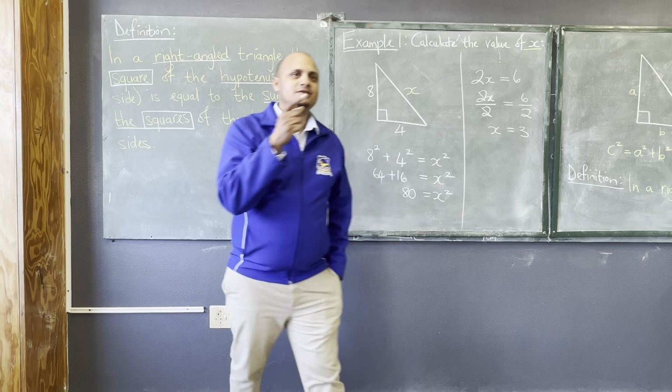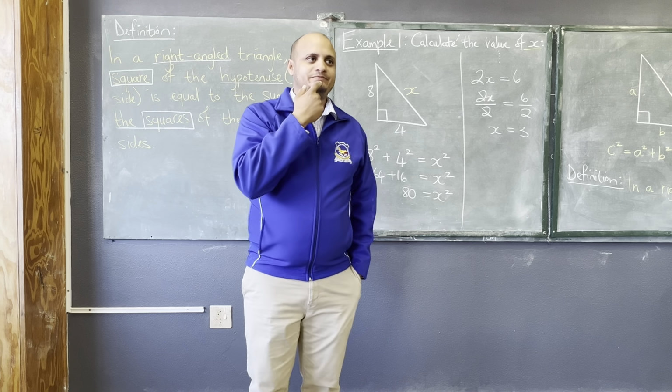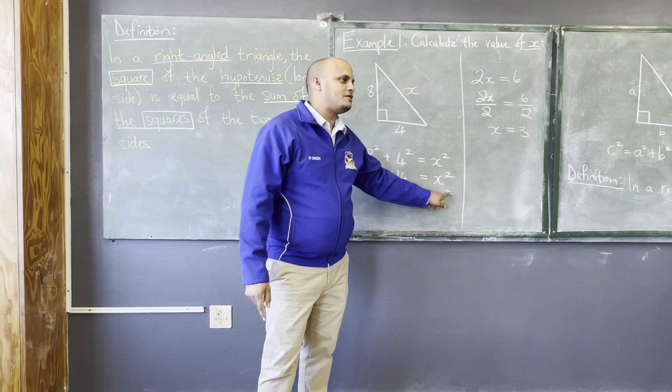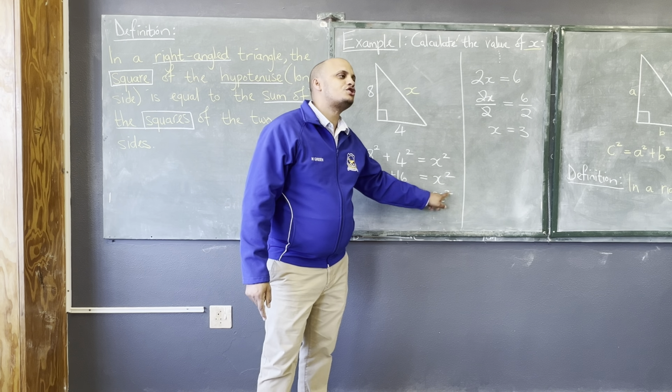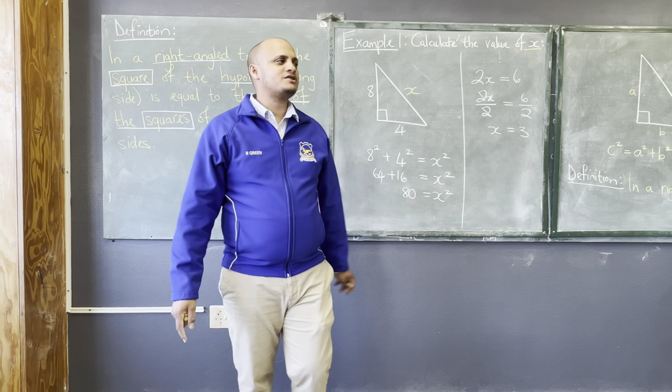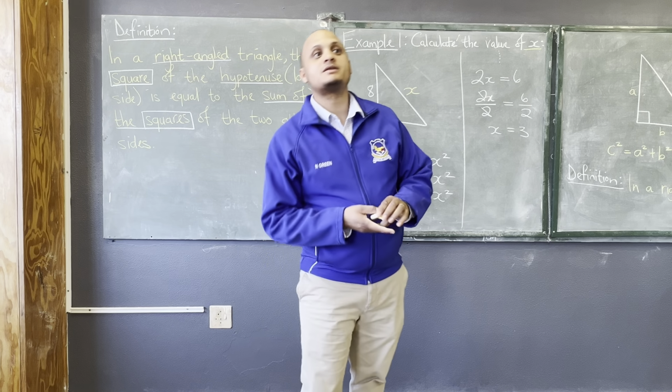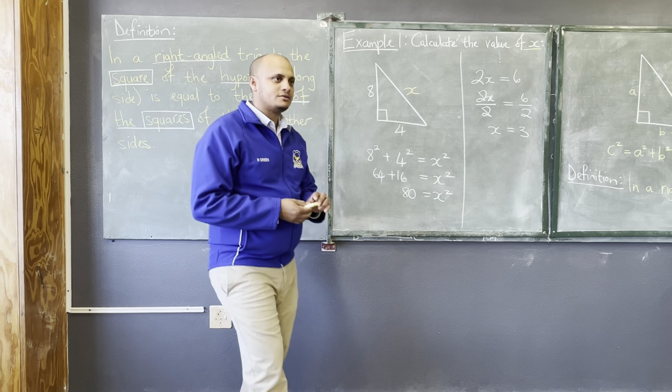You know this, you just don't know that you know it. This is x raised to the power of 2, x squared. What other operation has that word in it, square? Yes. Square root.